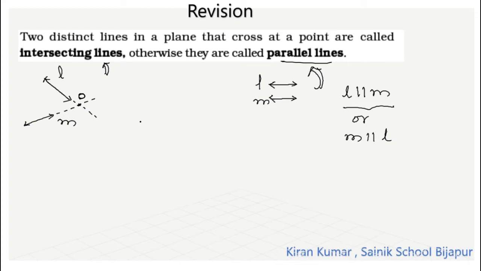Here, whenever there are two lines, they intersect each other at one distinct point. This point where they are intersected is called as the point of intersection.